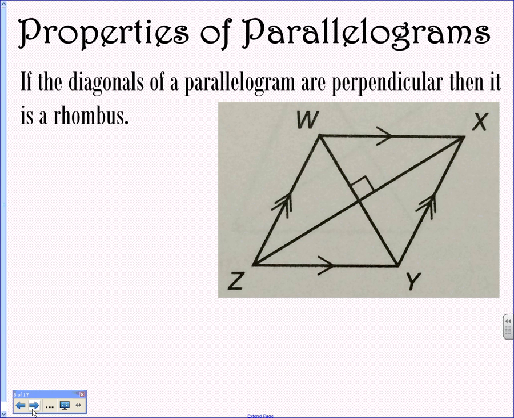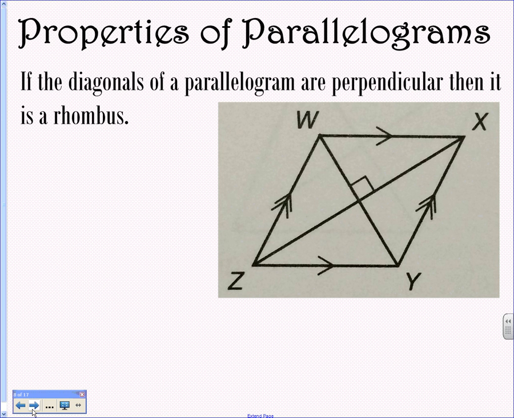Another property of parallelograms. If the diagonals are perpendicular, then it's a rhombus. What other shape would have perpendicular diagonals?